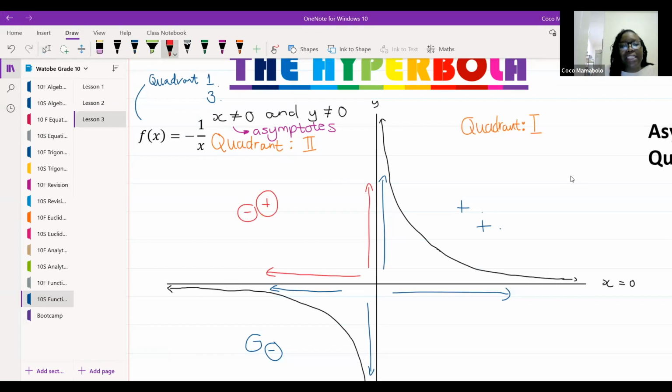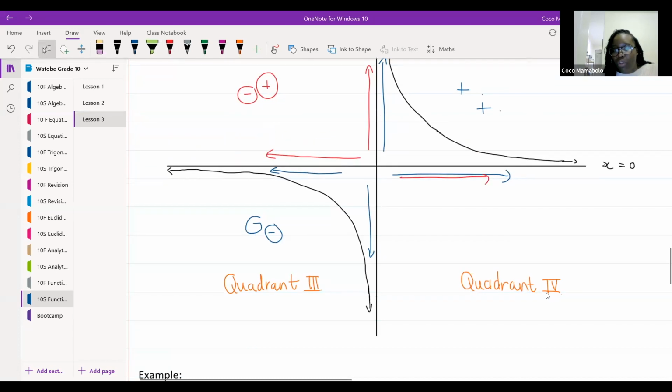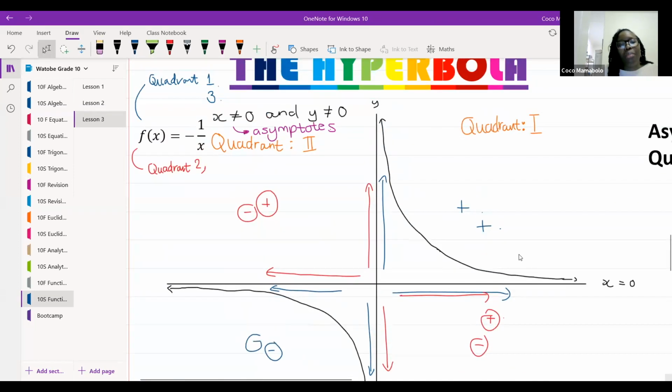So if the graph is negative, it will be drawn in quadrant 2. And also over here, my x values will be positive, but my y values will be negative, and a positive and a negative will give us a negative. So my negative graph will be drawn in quadrants 2 and 4.